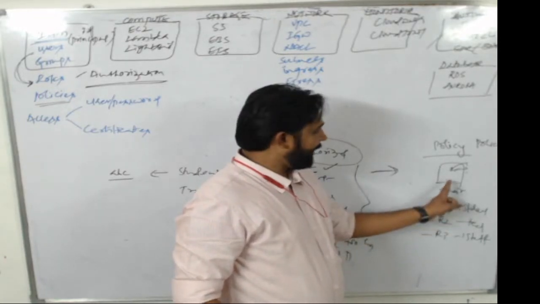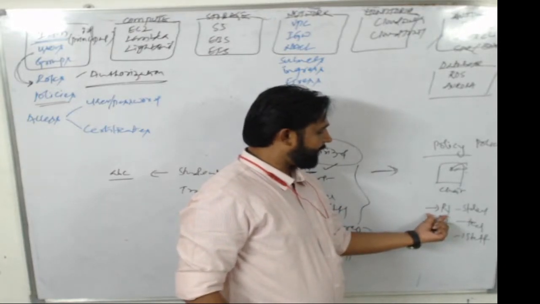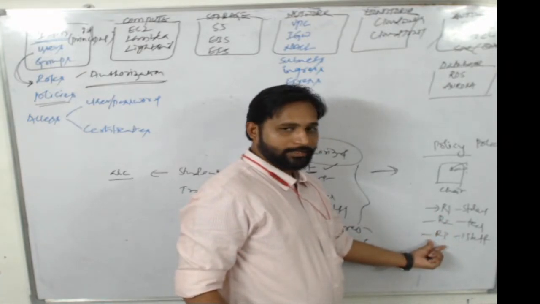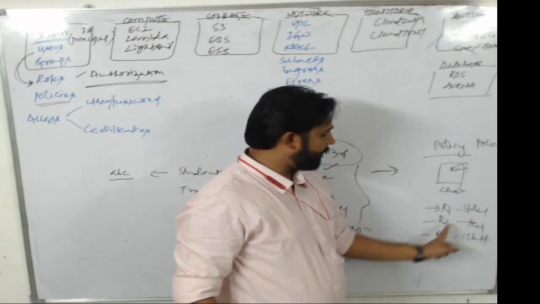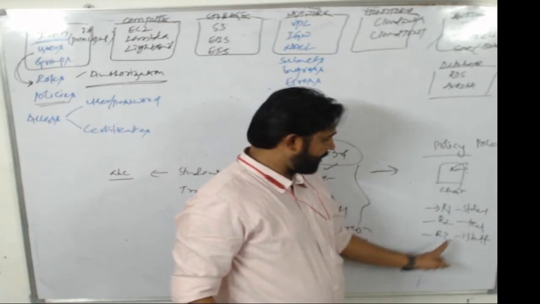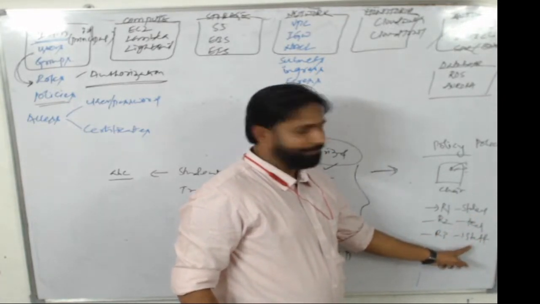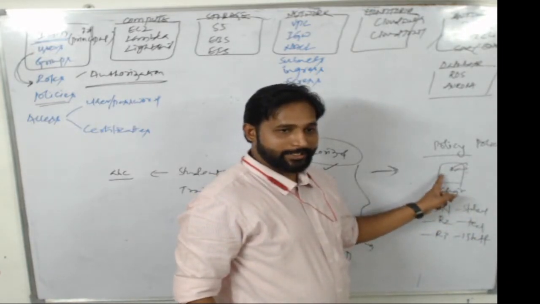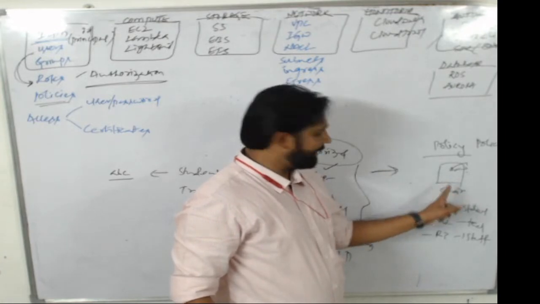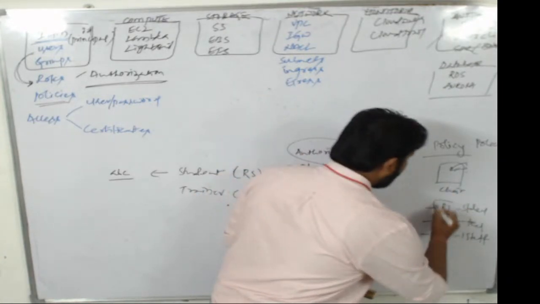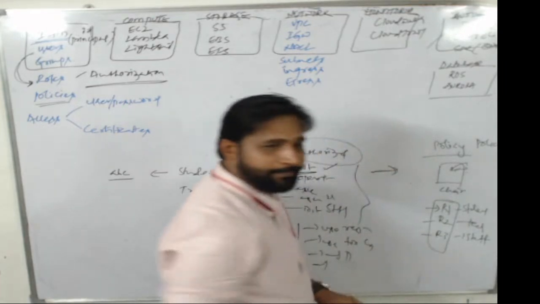It says if anybody has either R1 or R2 or R3 role, if anybody is a student or a trainer or a staff, they can use the chair. So the policy of this object is just listing certain roles.